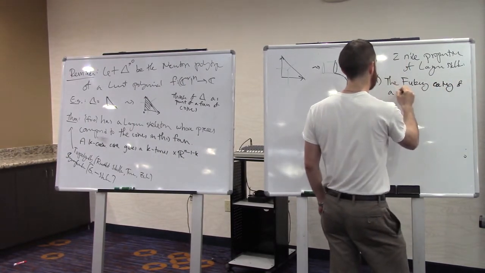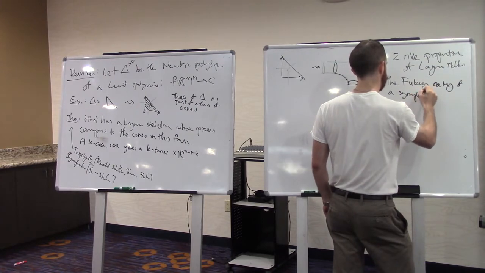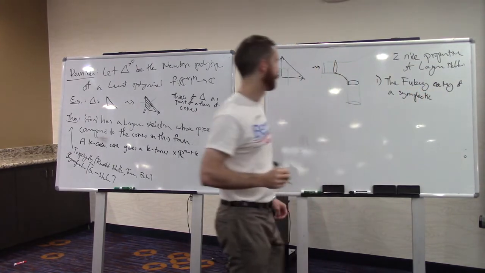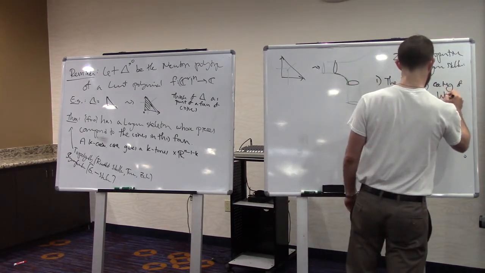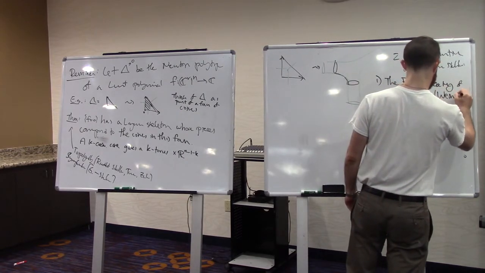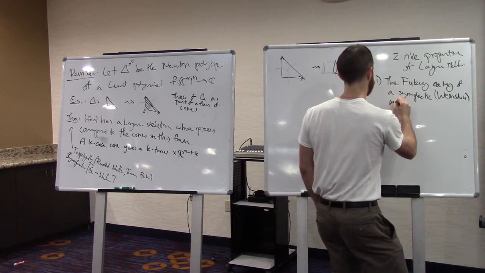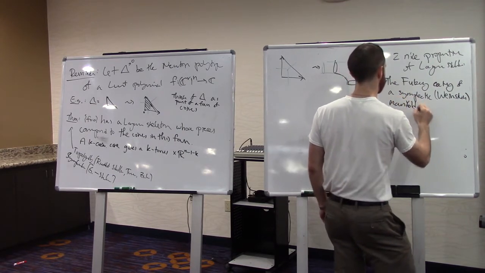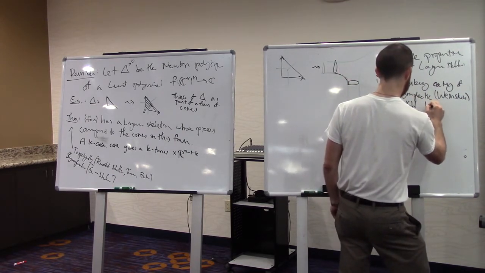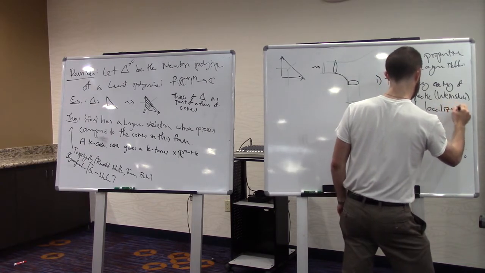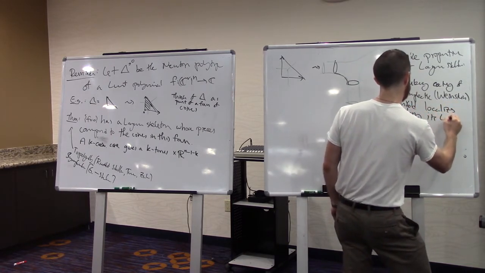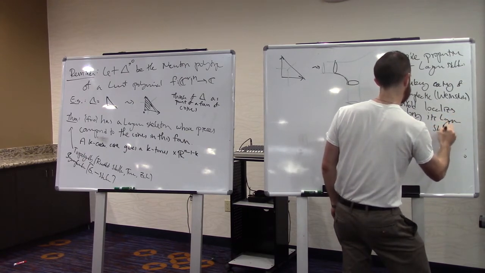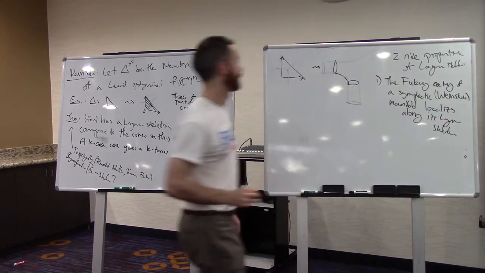If a symplectic manifold has a Lagrangian skeleton, that means it's a Stein or Weinstein manifold. The Fukaya category of a Weinstein manifold localizes along its Lagrangian skeleton. So that's one thing.